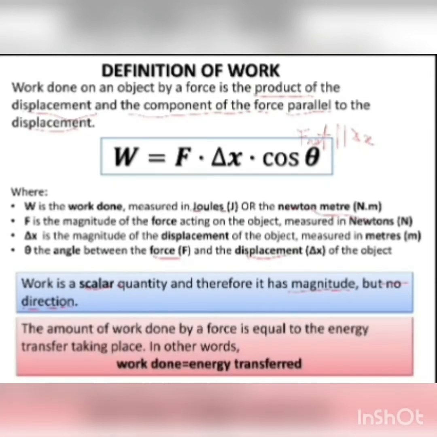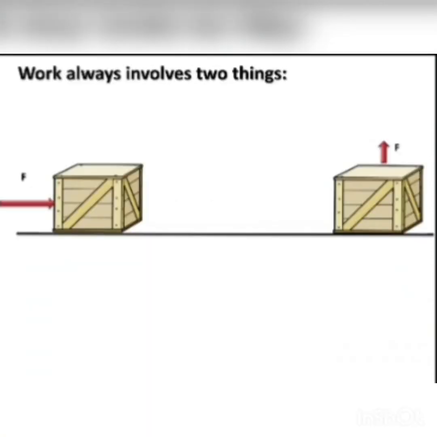Then again, we should understand that the amount of work done by a force is equal to the energy transfer taking place. In other words, the work done on an object is equal to the energy that is transferred into that particular system or object.